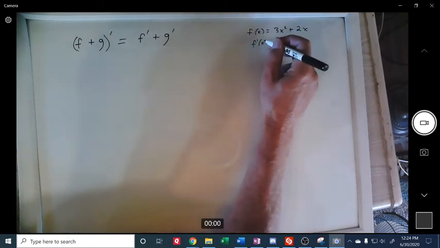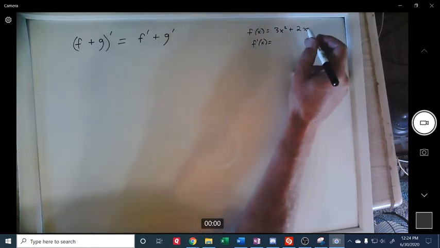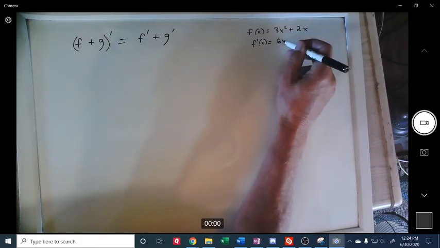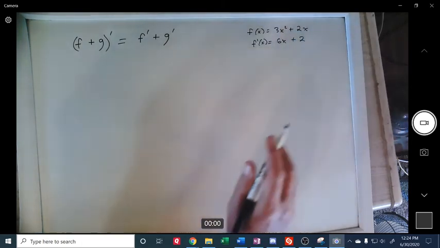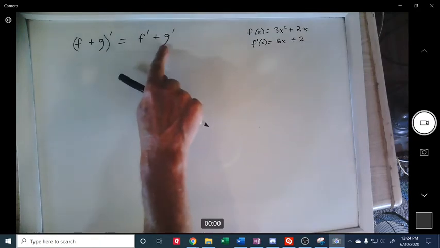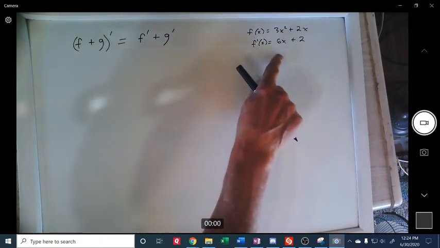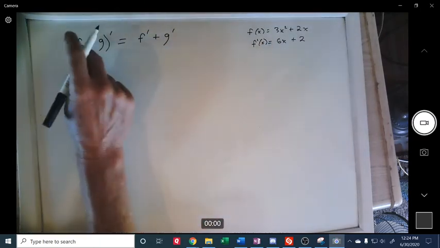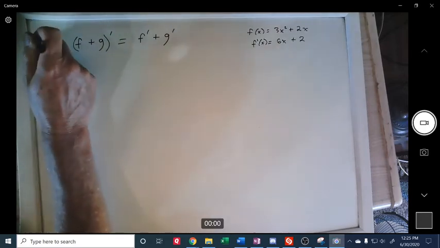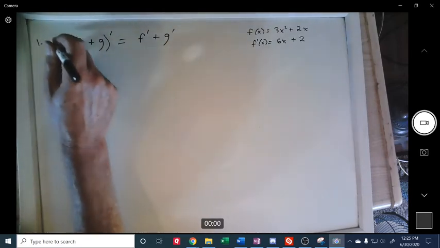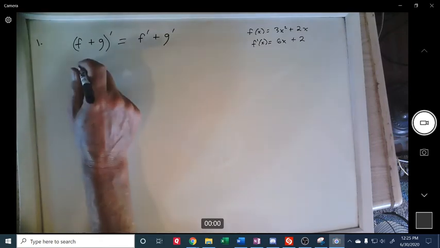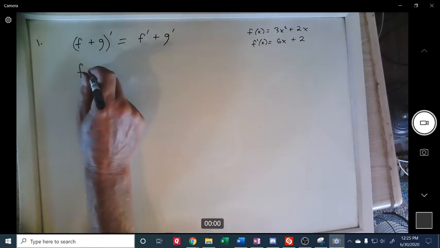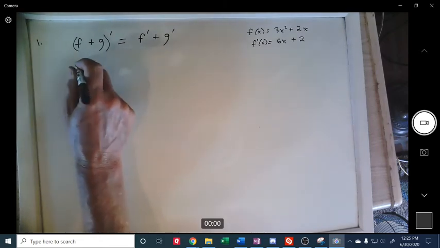F prime of x, you're just taking this one separate and this one separate, 6x plus 2. And you're really using this rule to do this. All right. So if that's the case, now we'll call this number 1. If that's the case, we would expect this to be true as well.